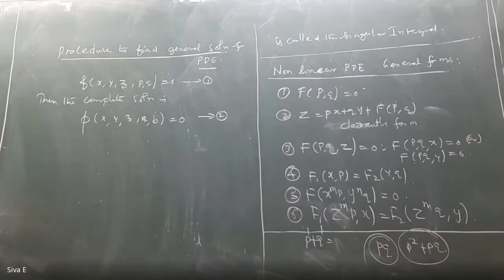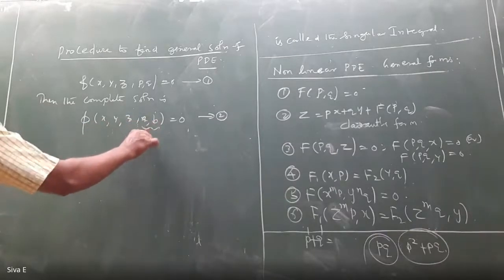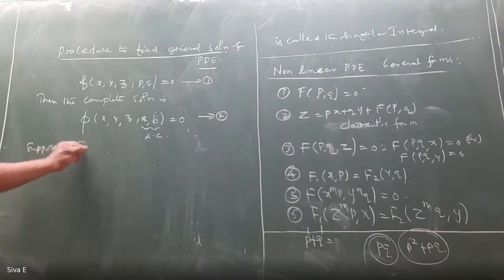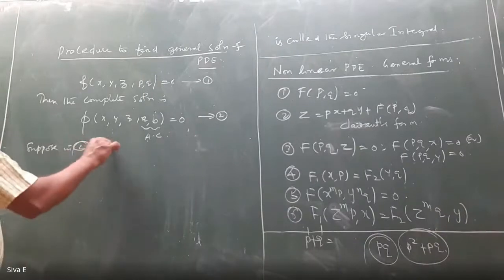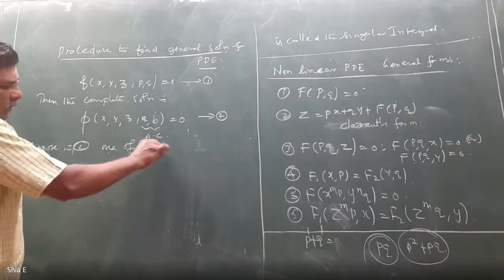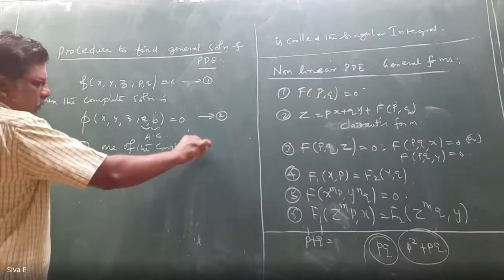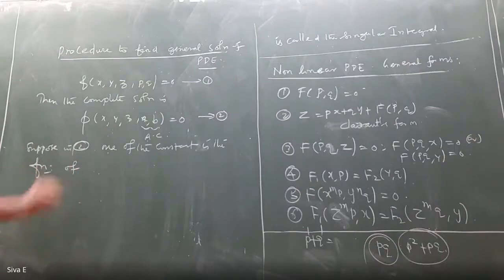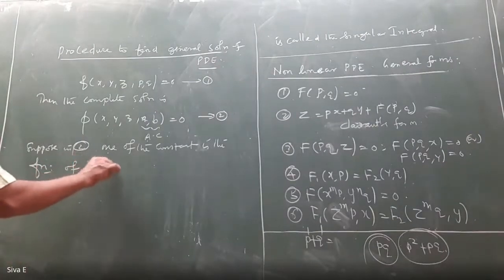Suppose in 2, where a and b are arbitrary constants, one of the constants is a function of the other constant.